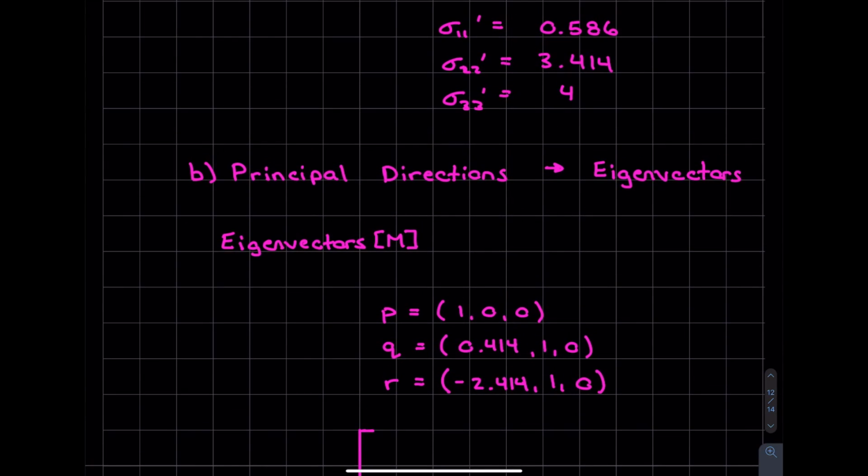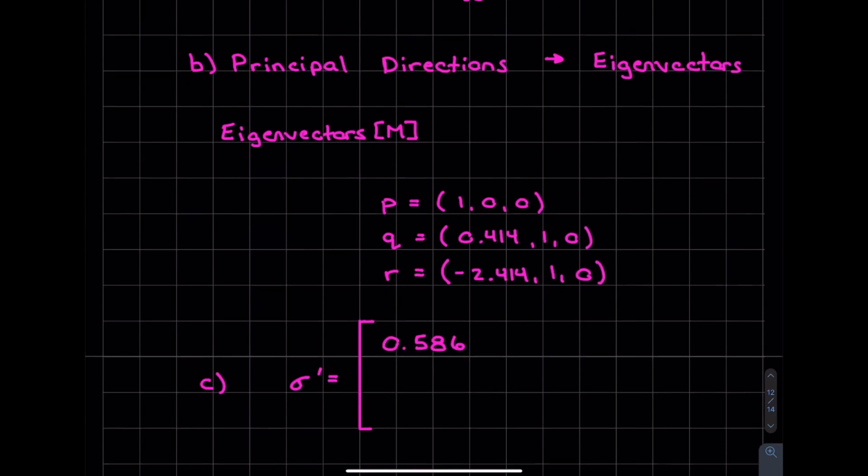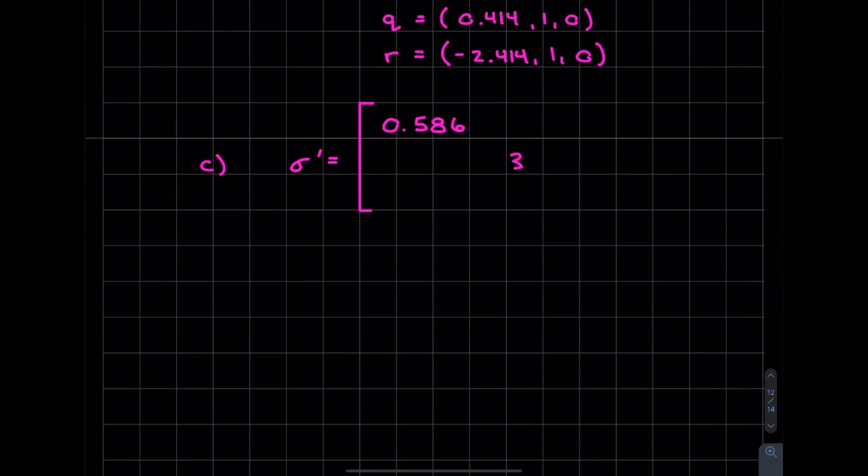We have 0.586, I'll write them in first, then the second one, 3.414, and our last one is simply 4, and it's diagonal, so every other entry is going to be equal to 0. This concludes this nice long quiz.